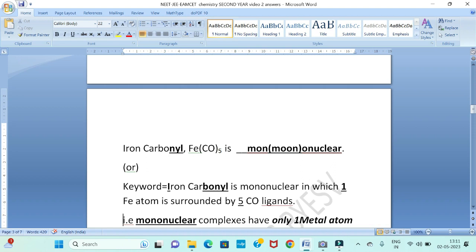Like that you can remember. Iron, I looks like one. One means mononuclear. Binuclear, trinuclear now. Mono means one. I looks like one. Like that you can remember.